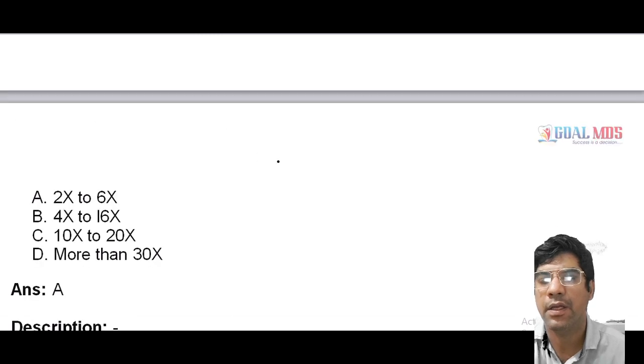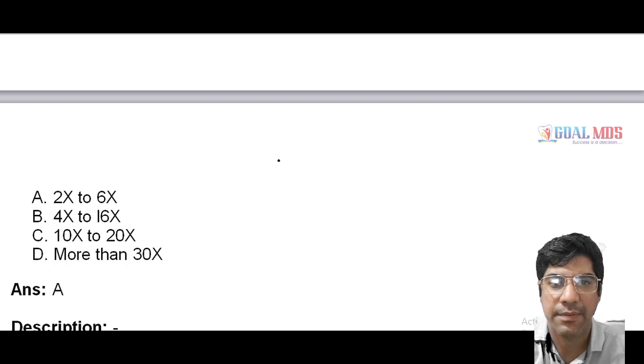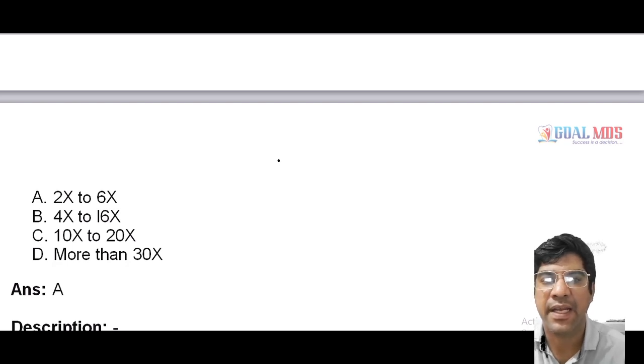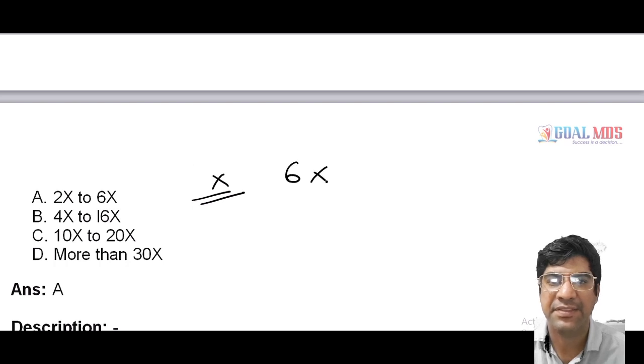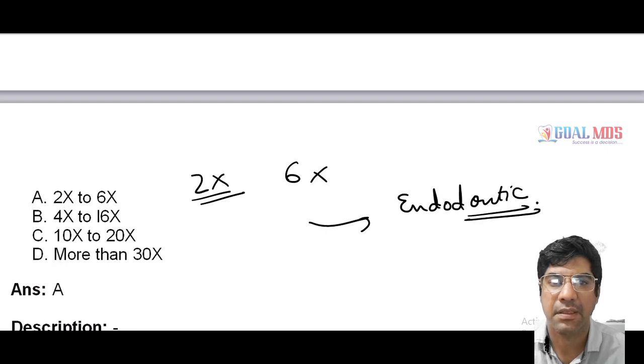The endodontic loop magnification: the answer is A. Endodontic loops typically offer a range of magnification from 2x to 6x. This range is suited for endodontic procedures. The 4x to 16x magnification might be excessive for many endodontic cases.